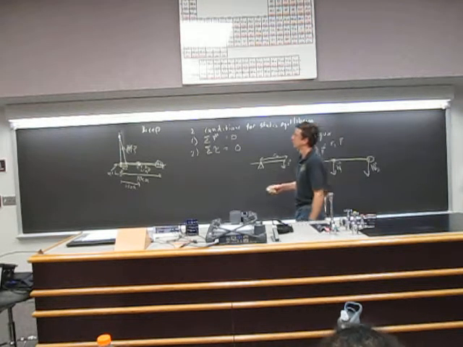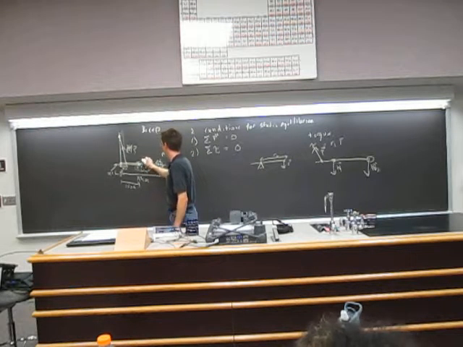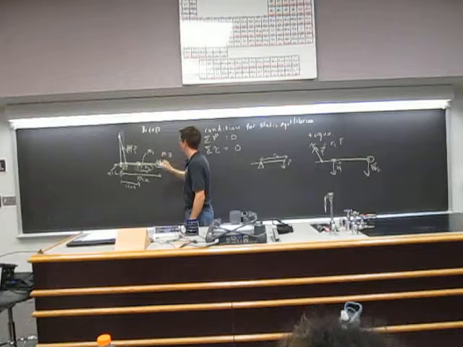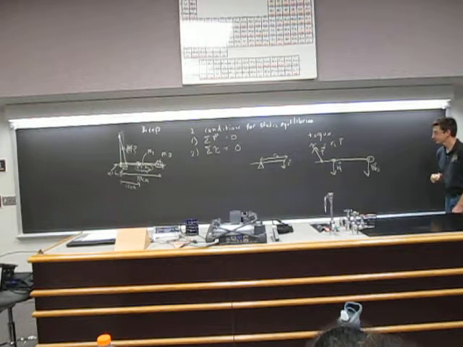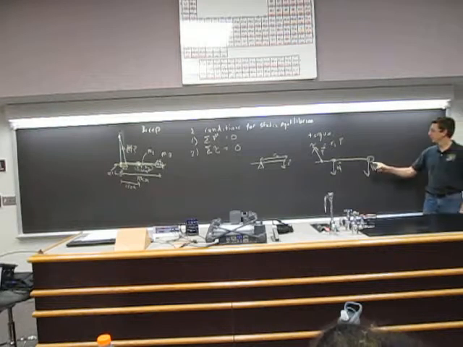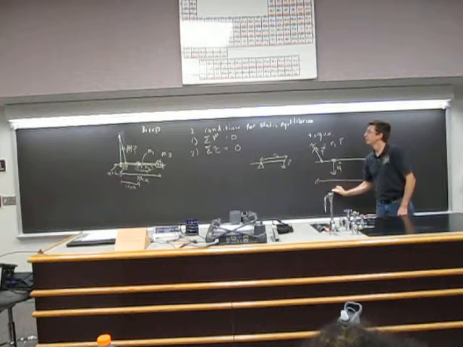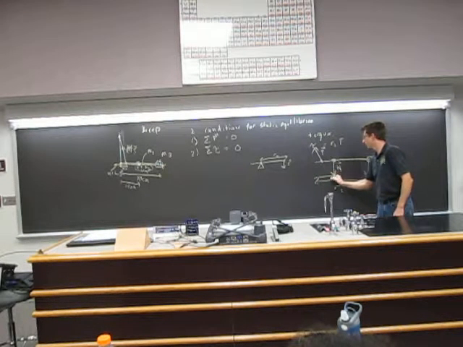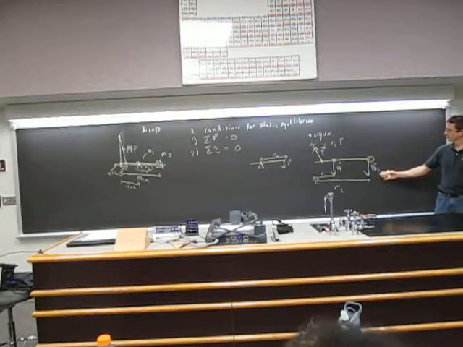Let's call this mass M1, and this mass M2. Then this distance here we'll call R2, and this distance here we'll call R1.